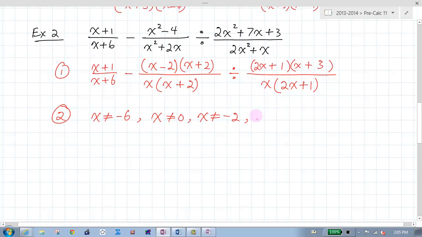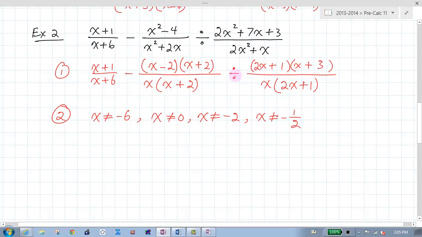For the third rational expression, x cannot be equal to 0, but we already have that, so we don't have to repeat that. For 2x plus 1 cannot be equal to 0, then we go, okay, x cannot be equal to negative 1/2. You can go through solving that simple degree 1 equation and come up with the answer. I'm pretty sure you guys all know how to do that.